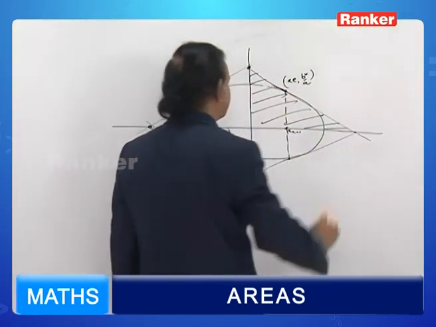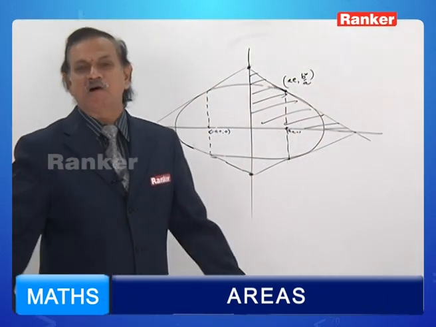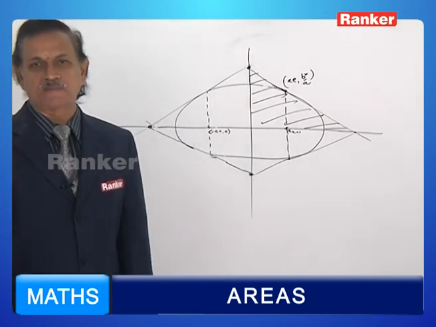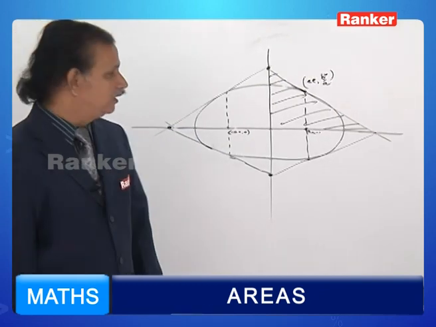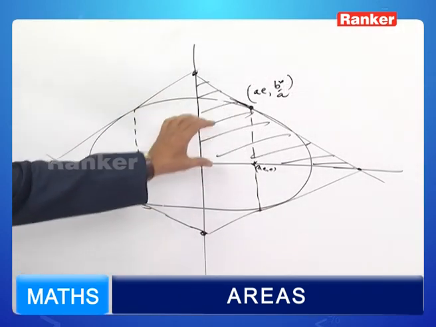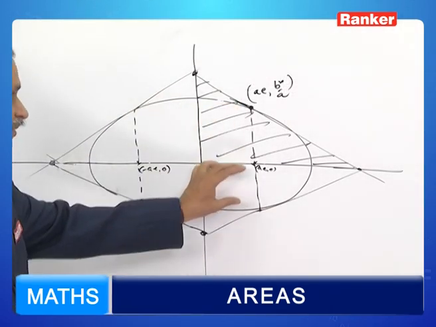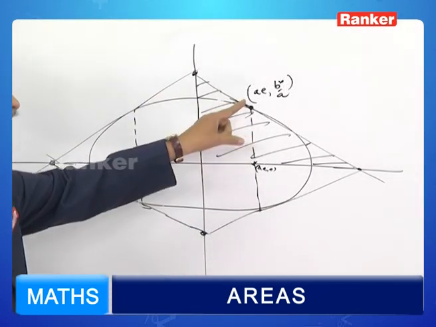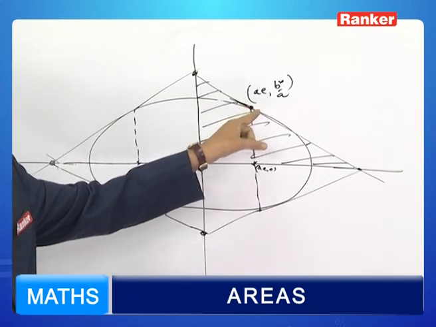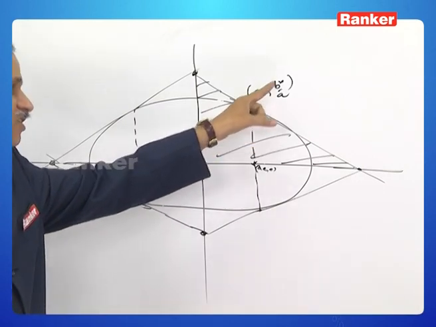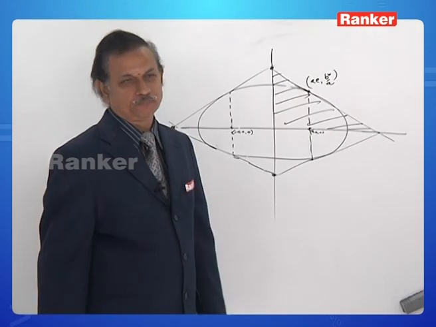You please remember that the length of latus rectum of an ellipse x square by a square plus y square by b square is equal to 1 is 2b square by a, and hence this length is b square by a. This length is also b square by a, and hence the y coordinate of this particular end of the latus rectum is b square by a.